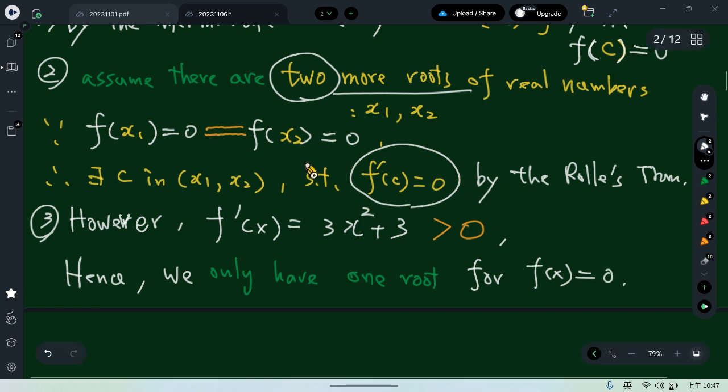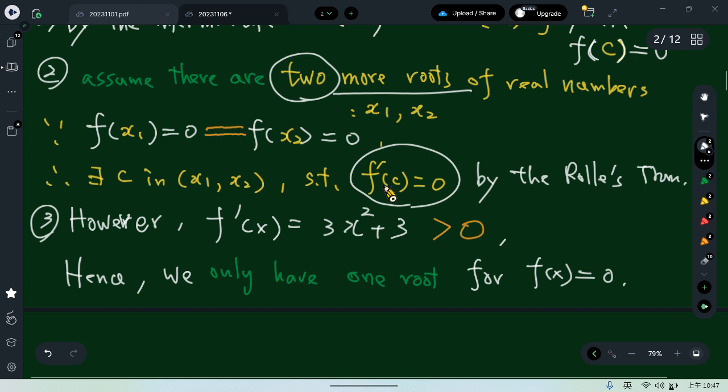So based on Rolle's theorem, we can have one point where the first derivative is 0. However, through step 3, if you differentiate the function, the derivative function is 3 times x squared plus 3, so it is always positive. It cannot be 0, right?